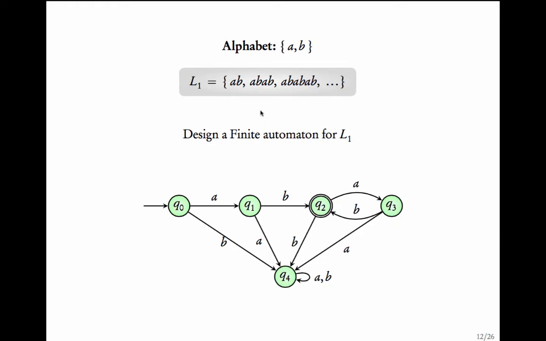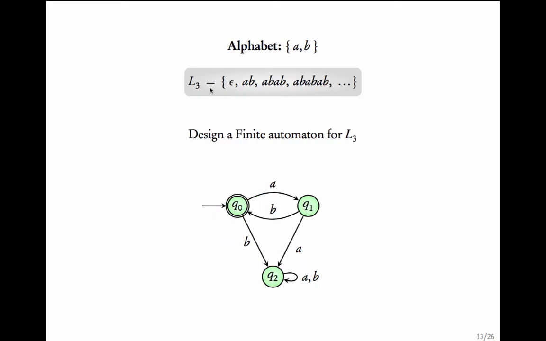Let me now modify L1 slightly by adding epsilon to that language. How does it modify the automaton? Since epsilon is already there, the initial state should be made accepting.